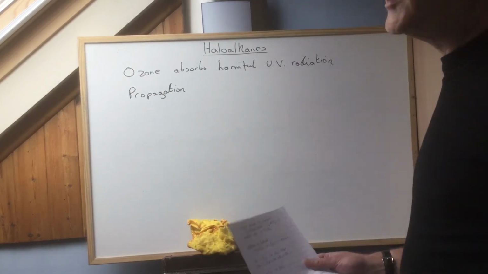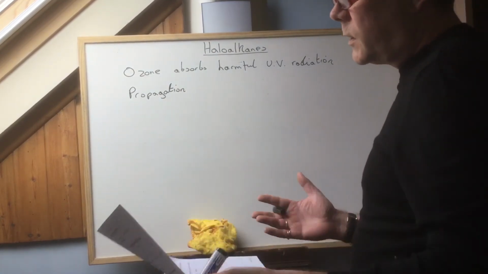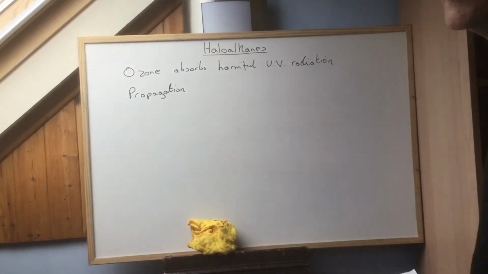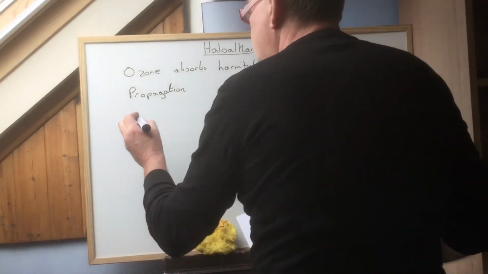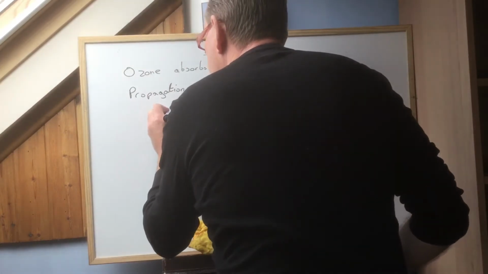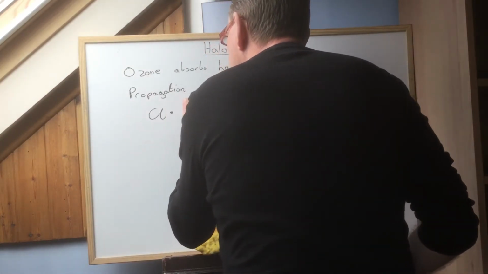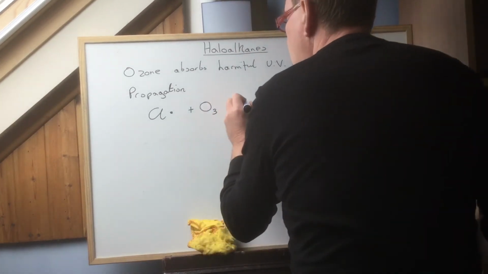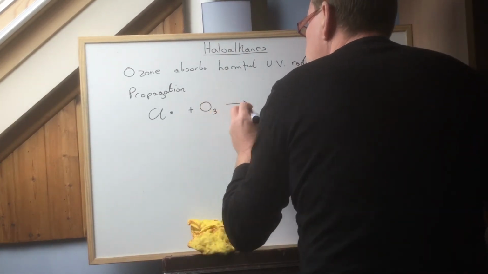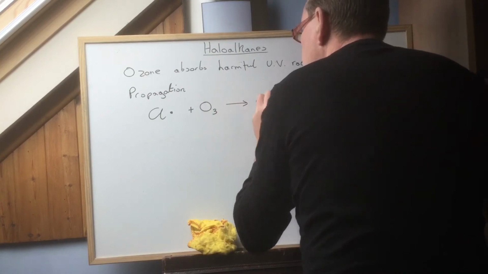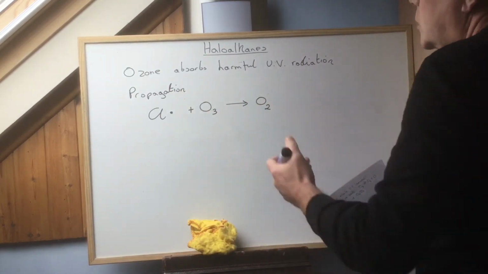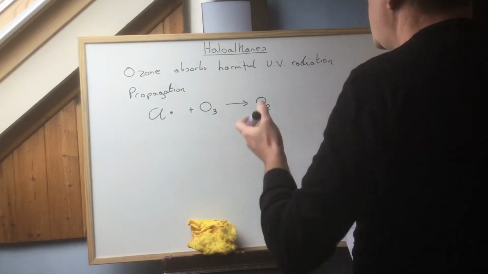Now you must learn these. They can come up everywhere. They can come up in A2, they can come up in AS, because they're a standalone. So propagation is this: a chlorine free radical bangs into an ozone molecule. No good will come of it, because it turns the ozone molecule to an oxygen molecule, which you might think sounds okay, but we need the ozone.